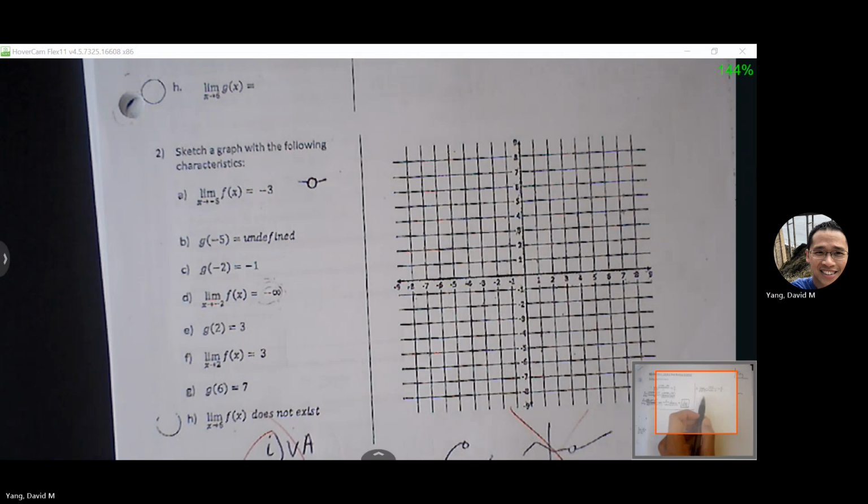Yeah, this is fine. Yeah, endpoint is fine.